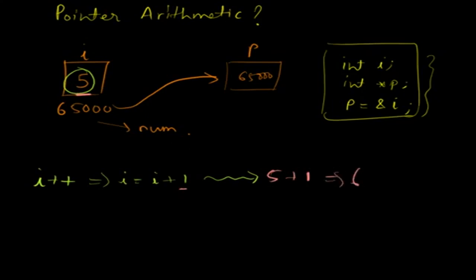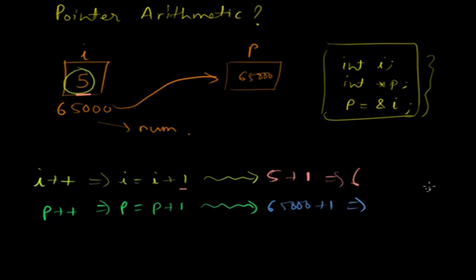But what if I do p plus plus? Again, you can expand this. P equals p plus 1, and what it will give, you can imagine, is 65,000 plus 1.